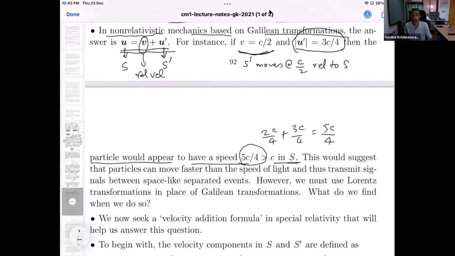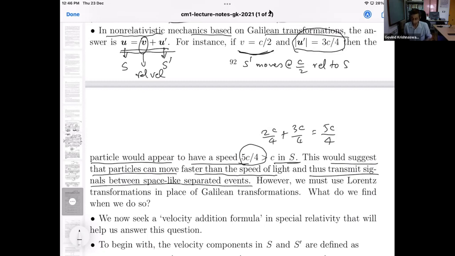In other words, an observer in S would say that this is a superluminal particle. So this would suggest that particles can move faster than the speed of light by going to an appropriate frame, and thus transmit signals between space-like separated events in this frame.